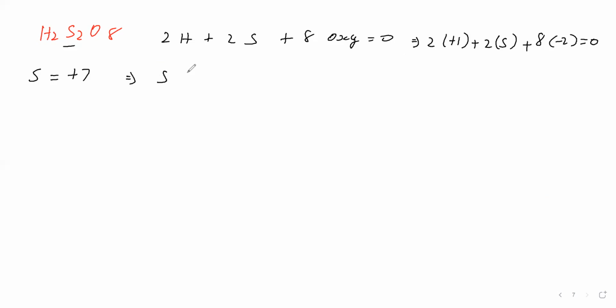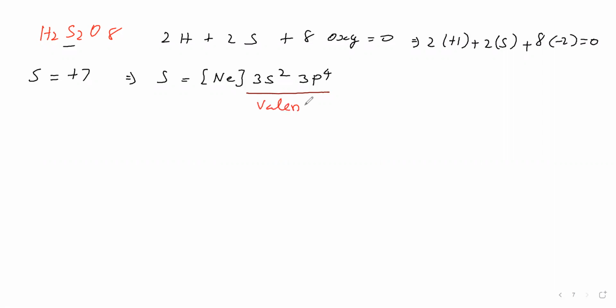Sulfur electronic configuration we will write. Its electronic configuration is neon 3s2 3p4, because its atomic number is 16. Here 10 electrons are present. These 10 electrons do not get involved in chemical reactions. Only these 6 electrons are involved in chemical reactions.